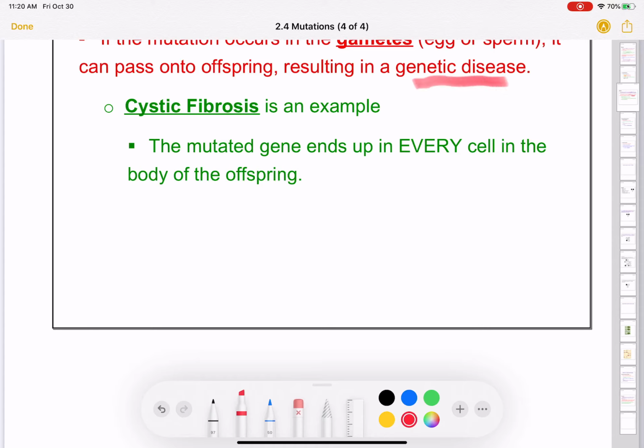An example of a genetic disease is cystic fibrosis. The mutated gene ends up in every cell in the body of the offspring. So every single cell in the body will carry that gene, that protein that codes for it.